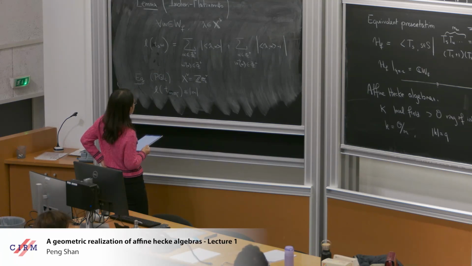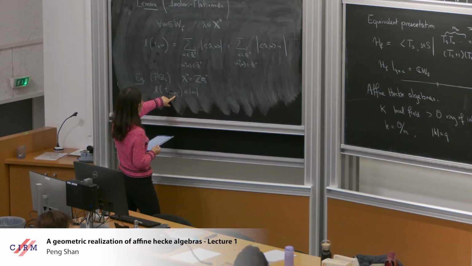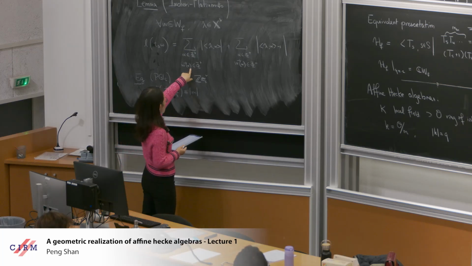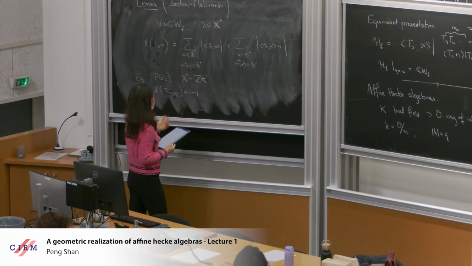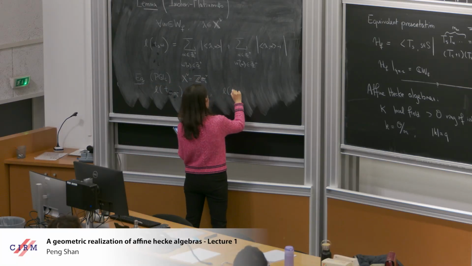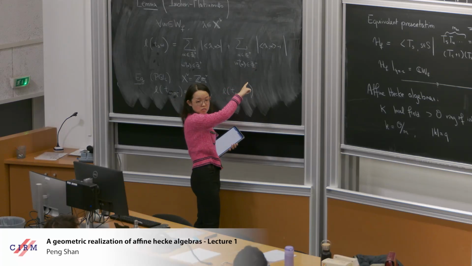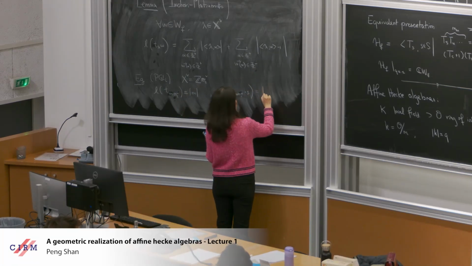Yeah, so whether it's dominant or not dominant, the s is trivial, so we're always in this situation. But if I have the length of t of m omega 1 check times the simple reflection, then I would always be in this situation, and the length is equal to m minus 1.